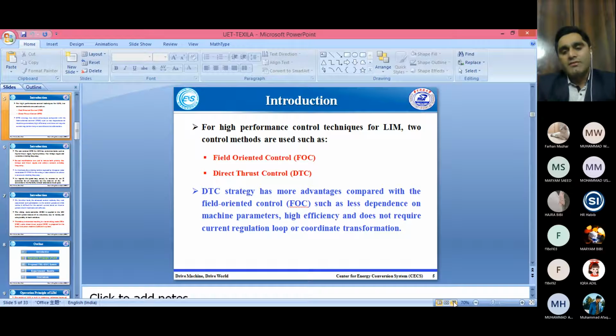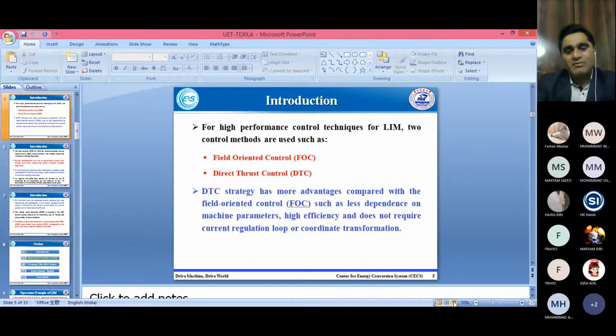If we apply FOC, we need a current loop, and we also need some coordinate transformation such as Park and Clarke transformation. But when we choose DTC, we don't need the current loop, and we also don't need coordinate transformation.